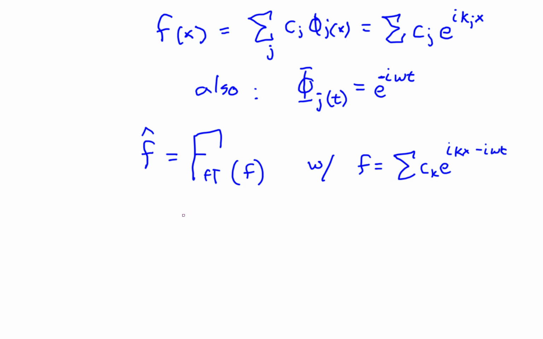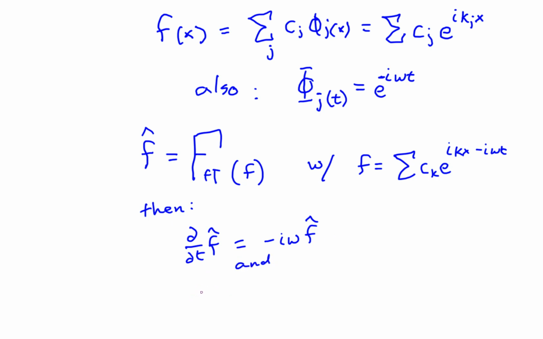If we have this system, then when we take derivatives of this, d by dt of f hat is equal to just minus i omega f hat.